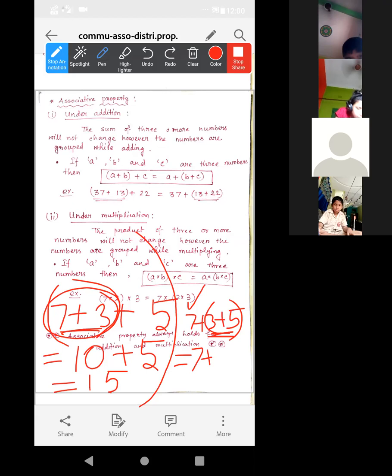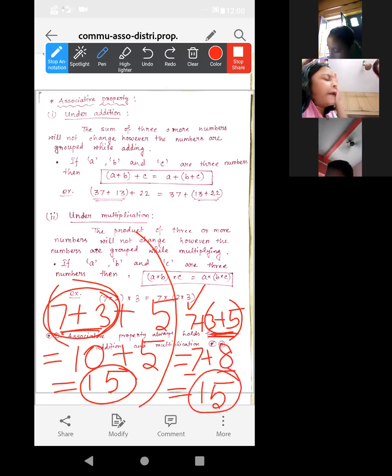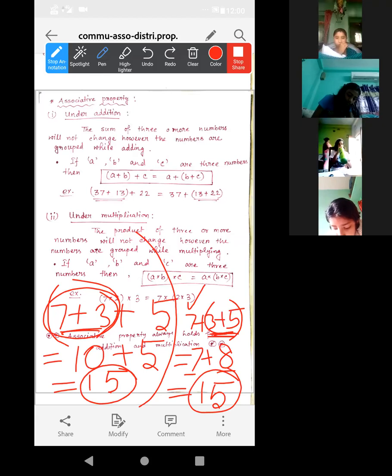Ultimately, look, both the answers are same, na? Shake your head if it is clear to you. Acha, okay, good. That means it doesn't matter in which way we are adding them. Basically, the answer will always be same, right? That is associative property under addition.